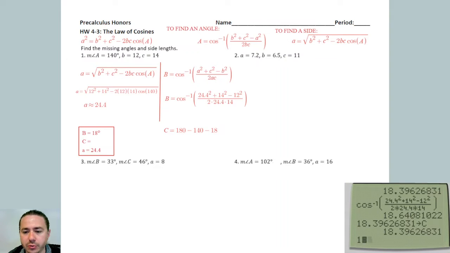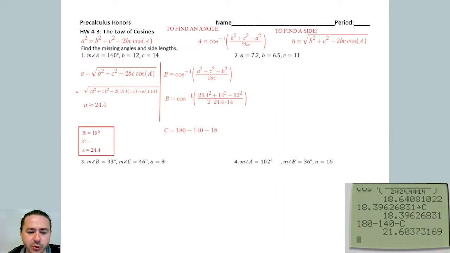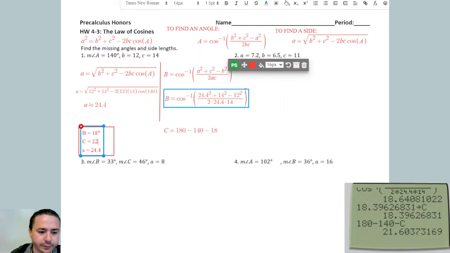But you could do 180 minus 140 minus 18, and we get 22, which we would have got anyway. So angle C is going to be 22 degrees.